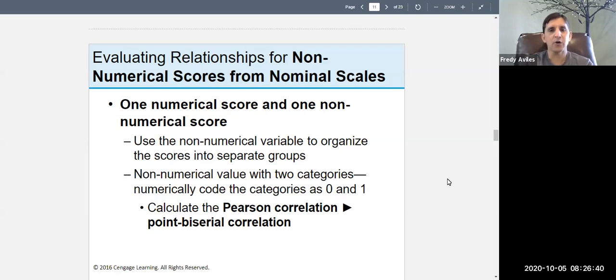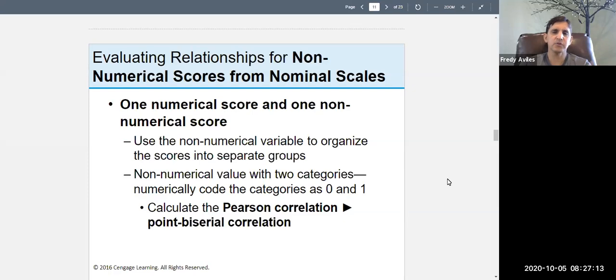Now let's talk about how you evaluate relationships when you have, let's say, one score numerical and the other one is not numerical, okay? So evaluating relationships for non-numerical scores and nominal scales. So let's say that one is a score like age, a number, and the other one is not a number.